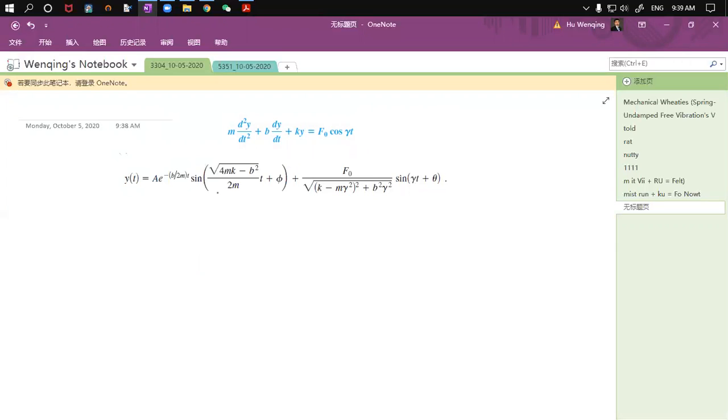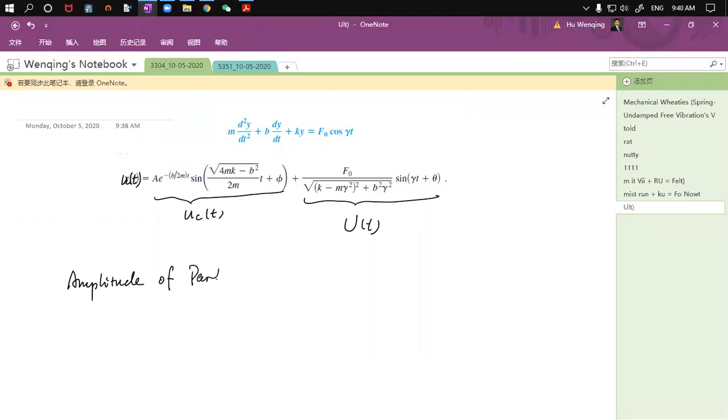So in the end, you can see that this is the part for u_c of t. This is the part for the particular solution, and this maybe we'll write as u of t. Is that good for everybody? So the u of t has an amplitude, the amplitude of the particular solution.